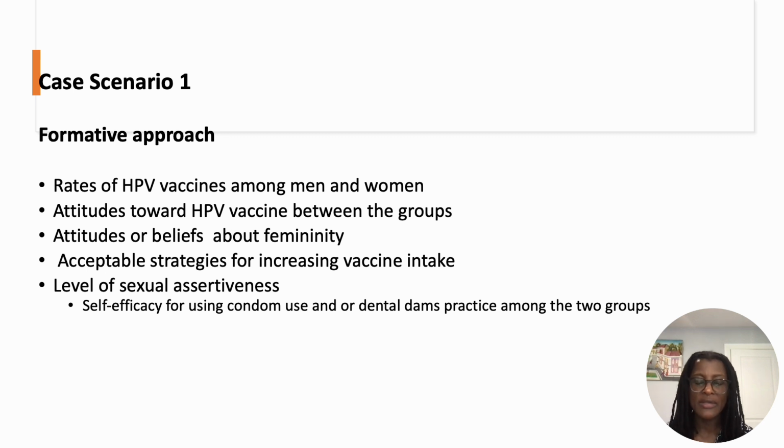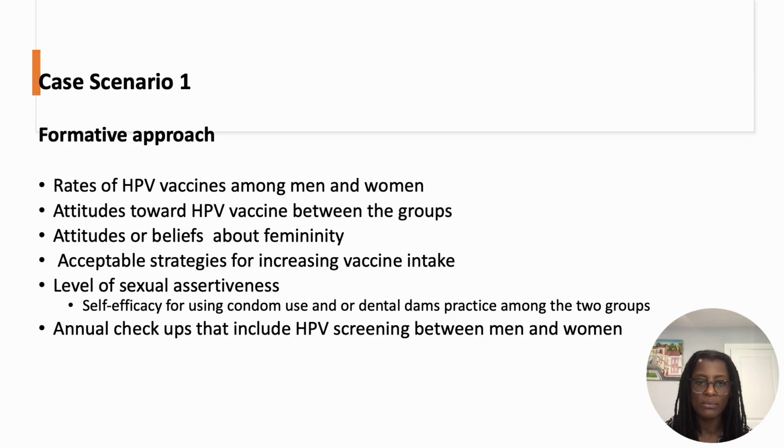So these are things that would be essential in formative research that really aims at developing a program that addresses the barriers and potential facilitators of HPV vaccine intake. Annual checkups that include HPV screening between men and women.